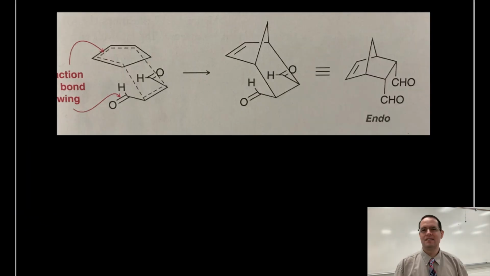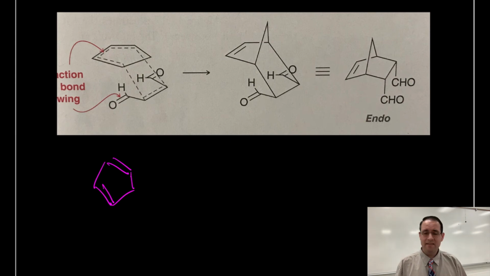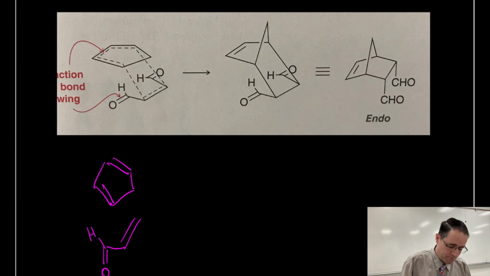And okay, so let's take a look at this figure. What we see is a transition state between cyclopentadiene, that five-member ring on top, and that's reacting with a dienophile that has the alkene that's very activated from the aldehyde.